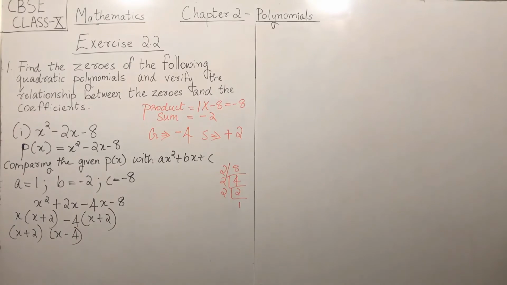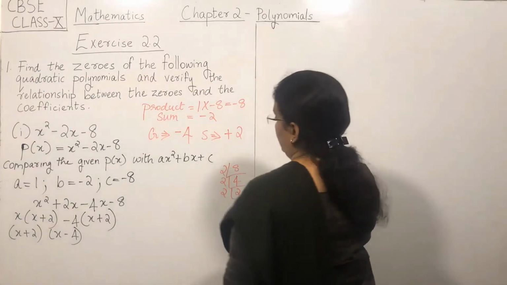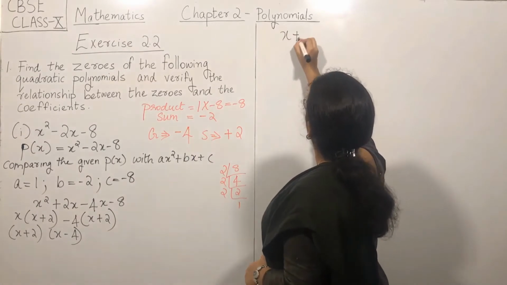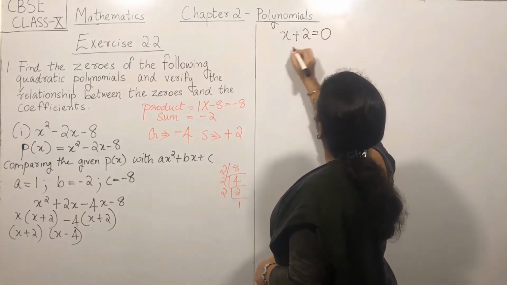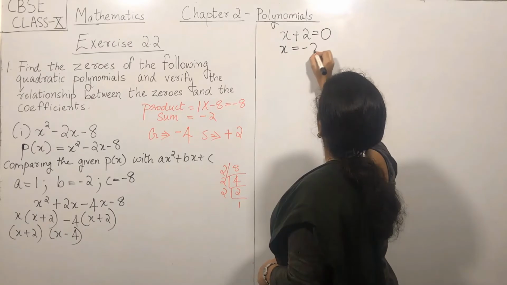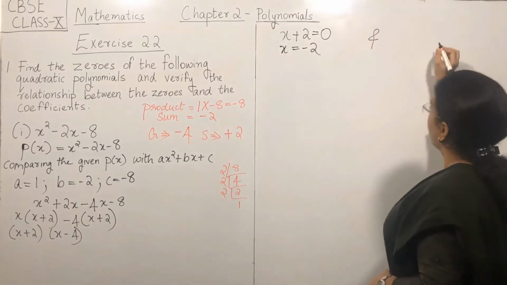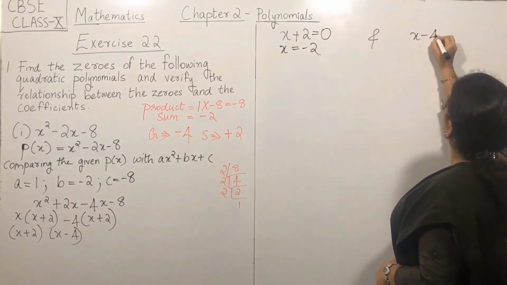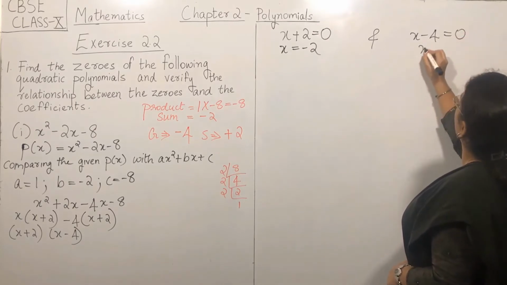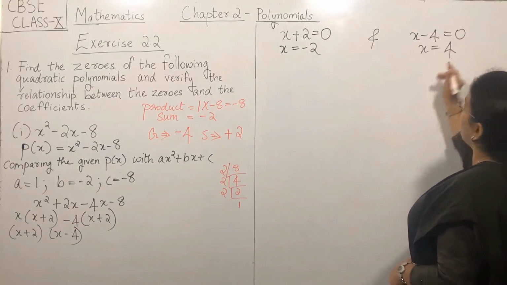Okay. You can equate both to zero to find the zeros. That is x plus 2 equals 0, then x equal minus 2, and x minus 4 equals 0, then x equal plus 4.